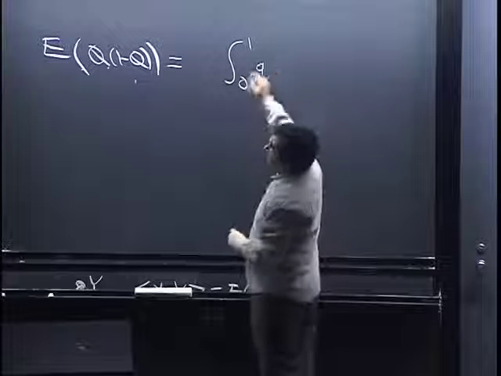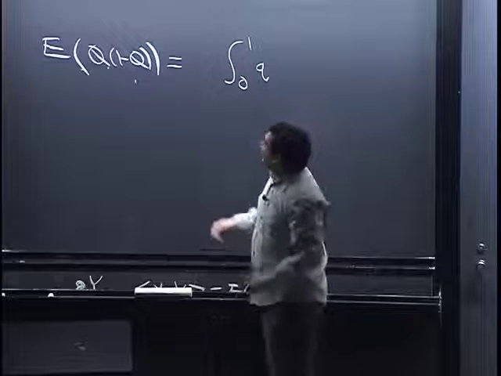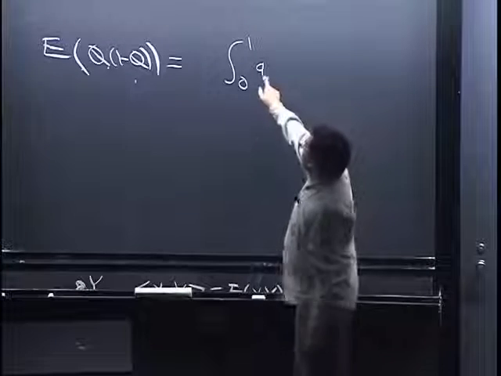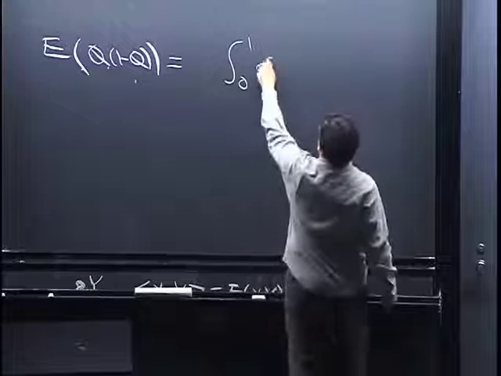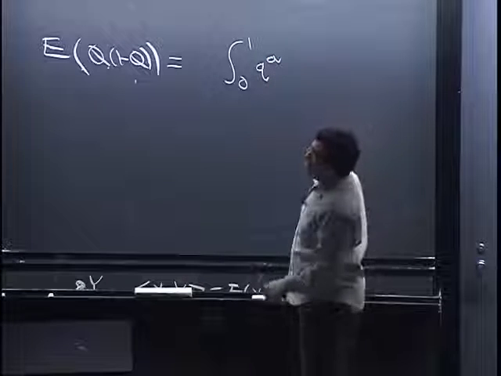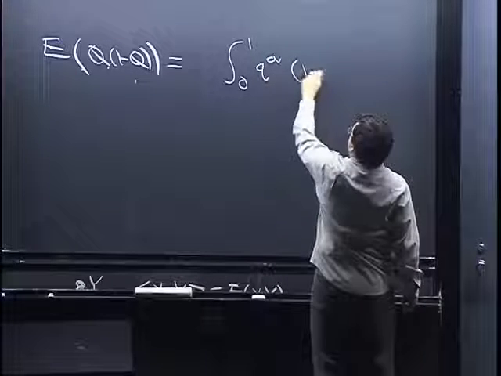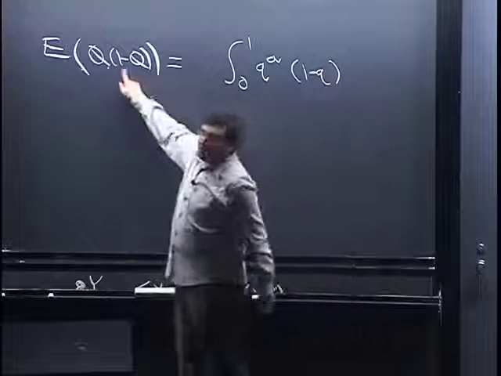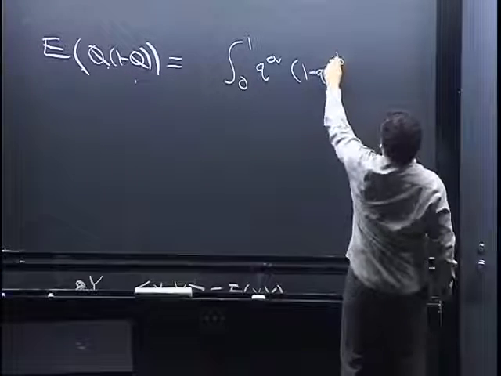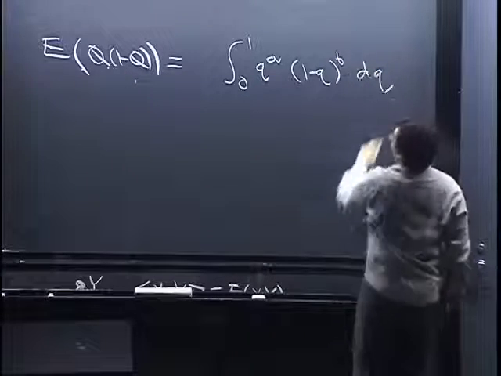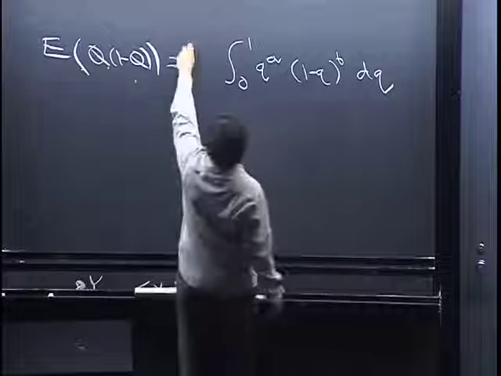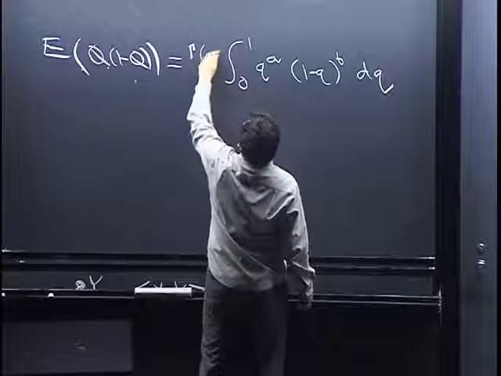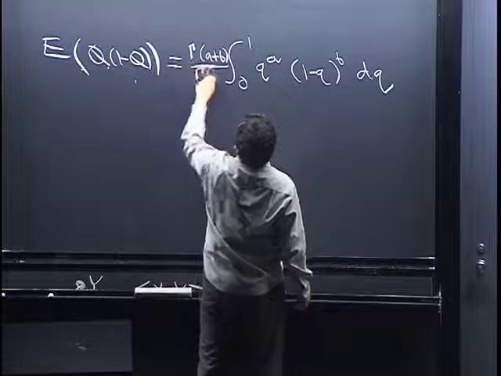Let's simplify it. The beta density has Q to the a minus 1, but we're multiplying by Q, so now it's Q to the a. And then it has a (1 minus Q) to the b minus 1, but we also have this 1 minus Q, so that becomes to the b, dQ, times the normalizing constant of the beta, which is gamma of a plus b over gamma of a gamma of b.